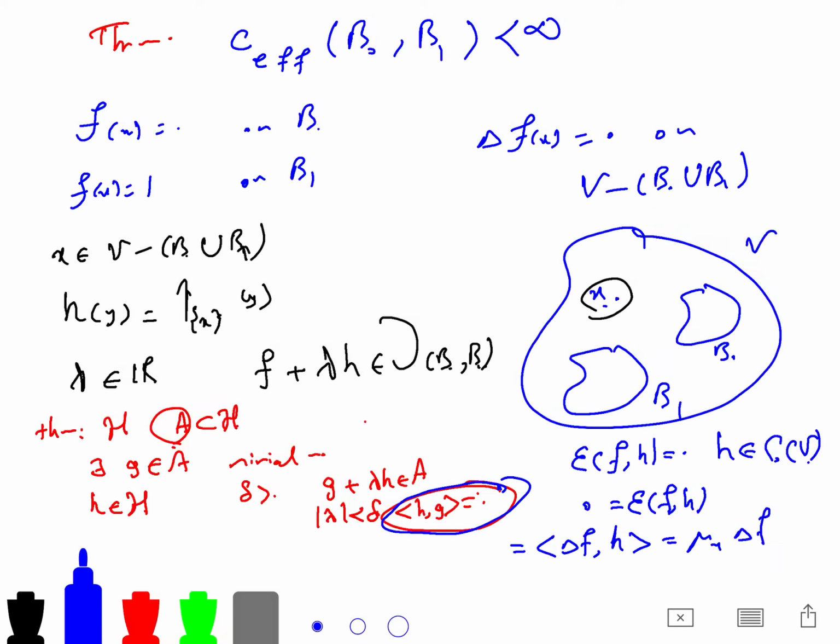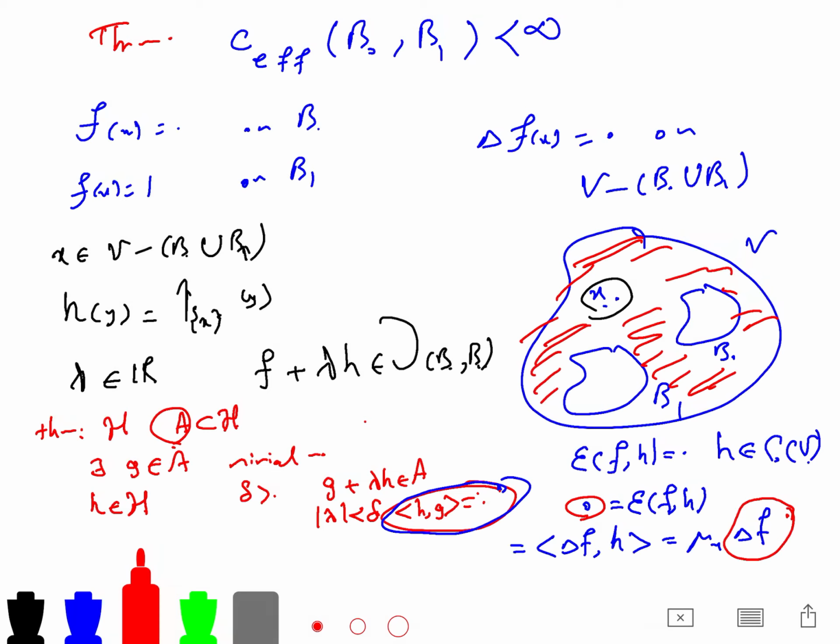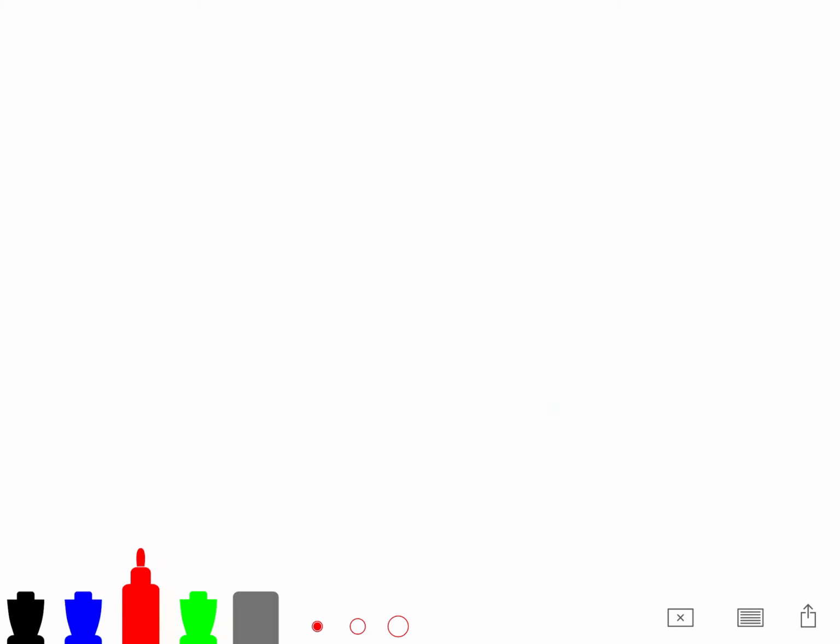Because this is equal to 0, we conclude that your function F is harmonic in the space V minus B0 union B1. So we have proved this theorem.